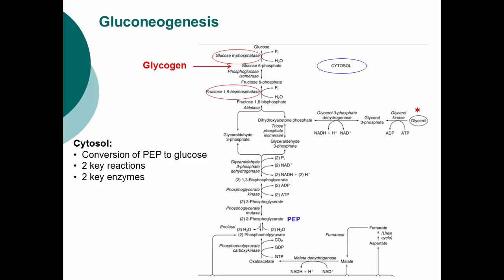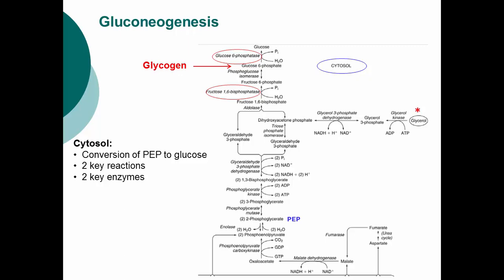Sorry, here actually, right? And then start from here and go through the opposite direction of glycolysis. And these are the last two reactions, the key irreversible reactions that you want to remember.